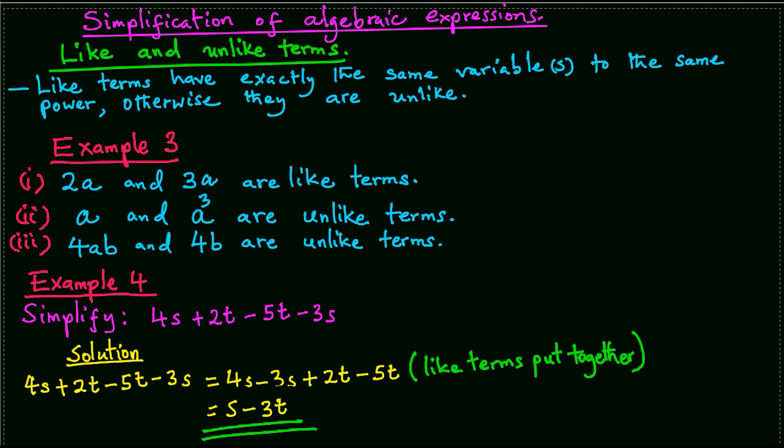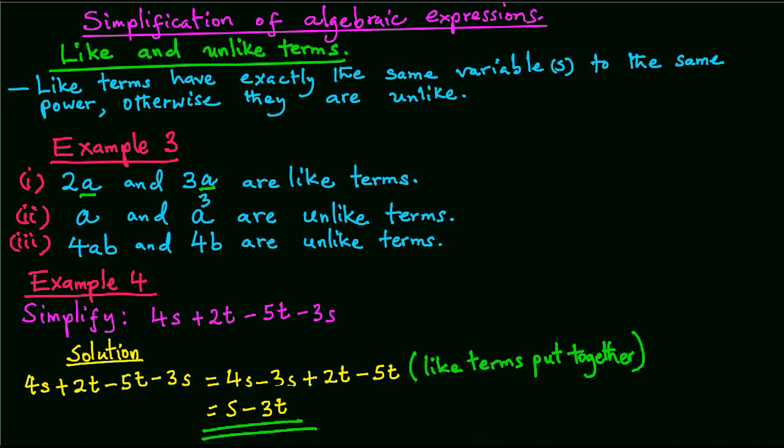So in example 3, Roman 1, 2a and 3a are like terms because the variable is the same, a, and the power to which the a's are raised is also the same.